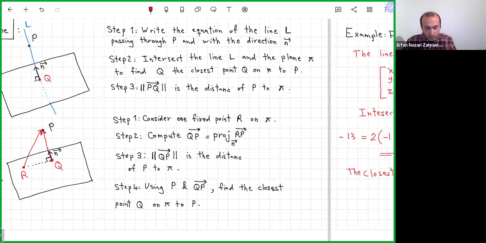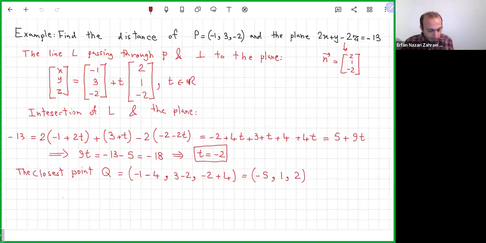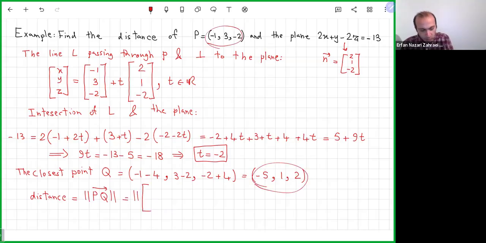Now that I have the closest point, I find the distance between the two points P and Q. And that's the distance between the point and the plane. So the distance that I'm looking for is the length of PQ. PQ is this point minus this point, which is negative 5 plus 1, negative 4; 1 minus 3, negative 2; and 2 minus negative 2, which is 4.